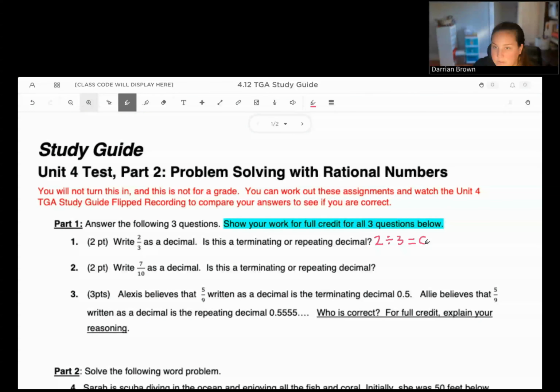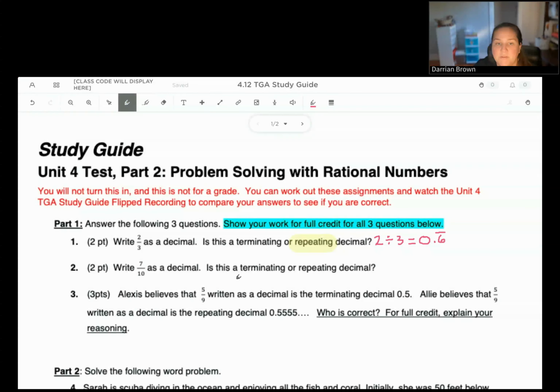That's going to give you 0.6666666666666. The 6 repeats. So remember, whenever you have a digit in a decimal that is repeating, you don't have to write out that long number if you just put a line over the digit that is repeating. So since this one is repeating, I'm going to get my highlighter and highlight the word repeating.